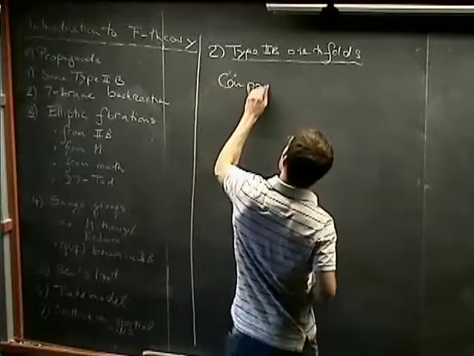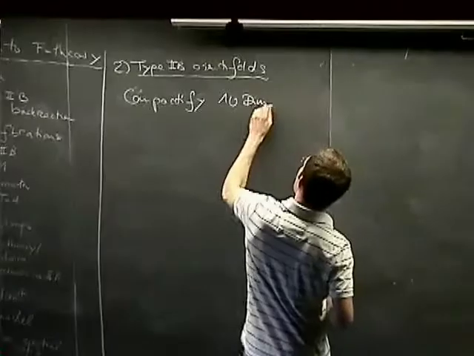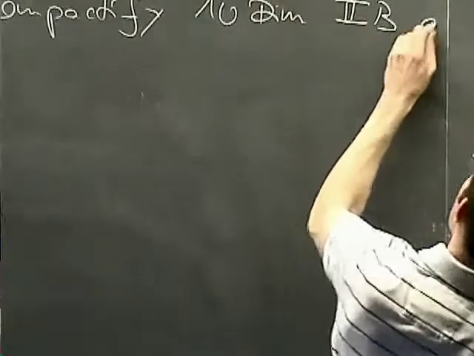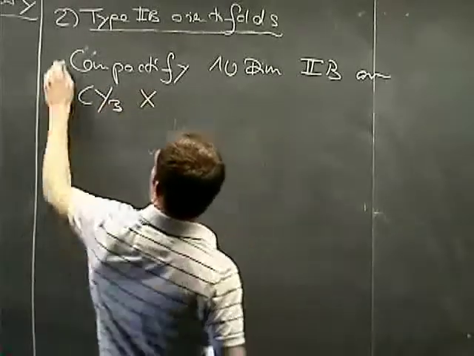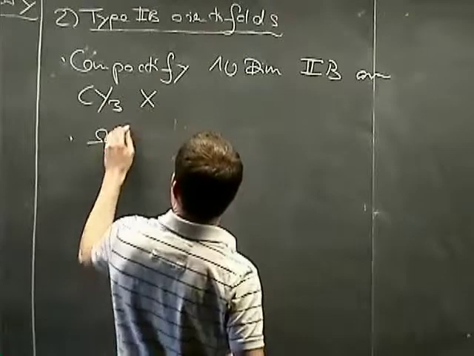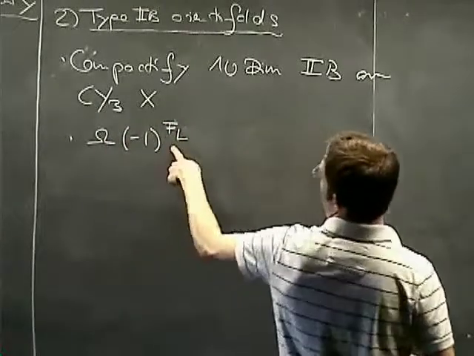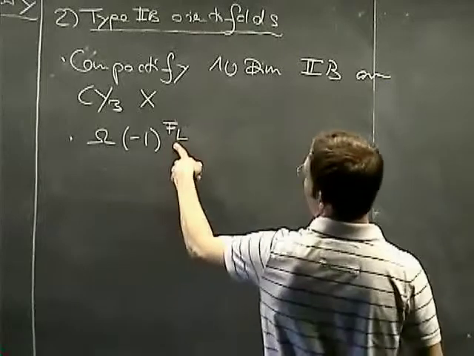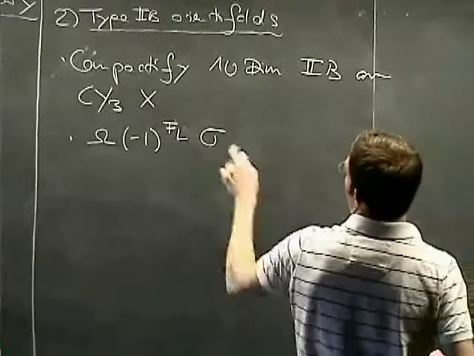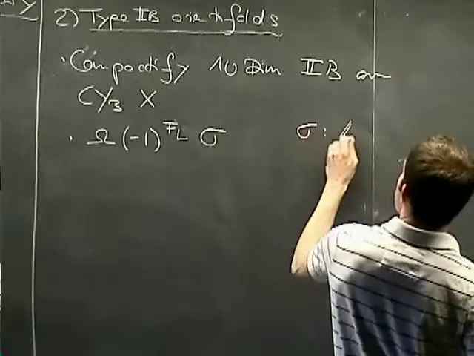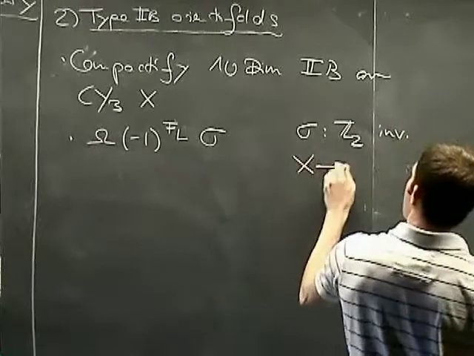So we compactify the 10-dimensional type 2B theory on a Calabi-Yau 3-fold X, and we mod out by the orientifold action: omega, worldsheet parity, times (-1)^F_L, the left-handed fermion number acting on the worldsheet, and then importantly a holomorphic involution sigma, which is a Z2 involution, holomorphic, from X to X.